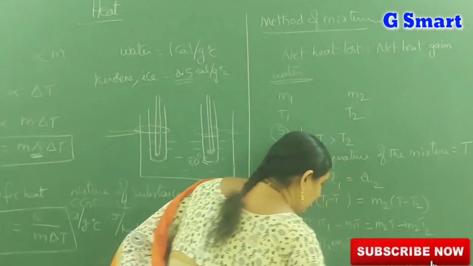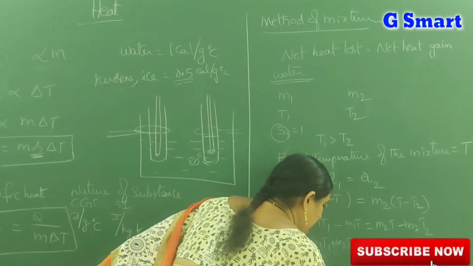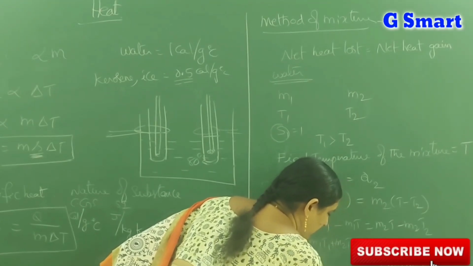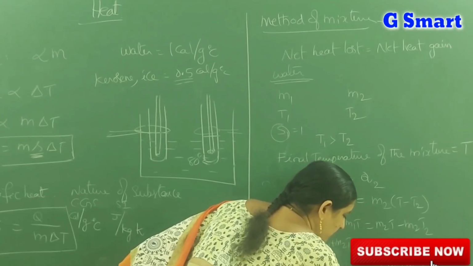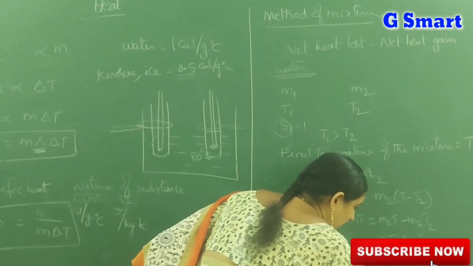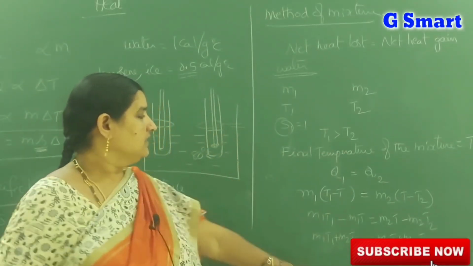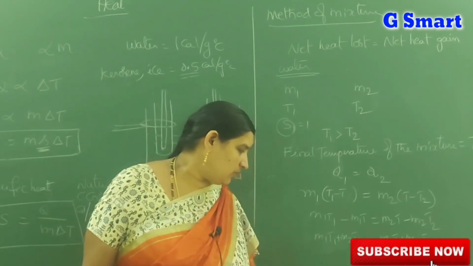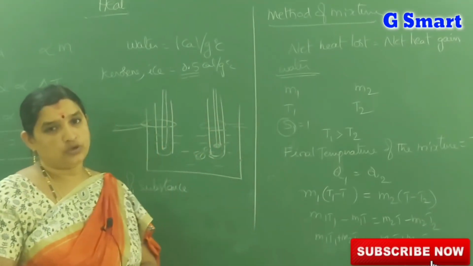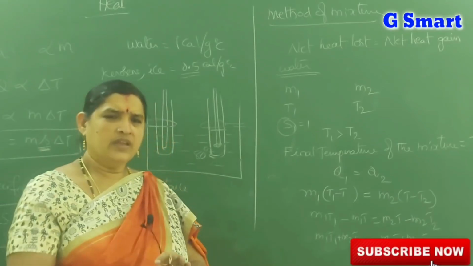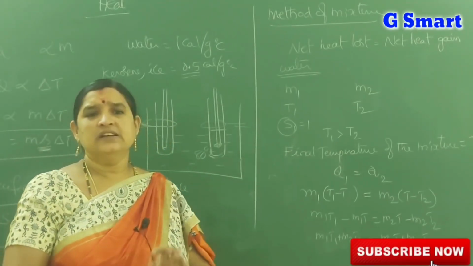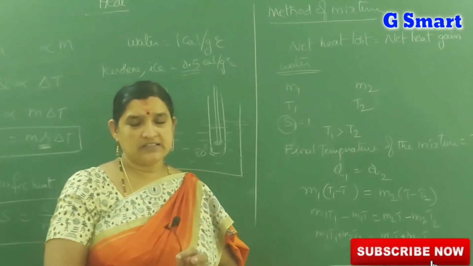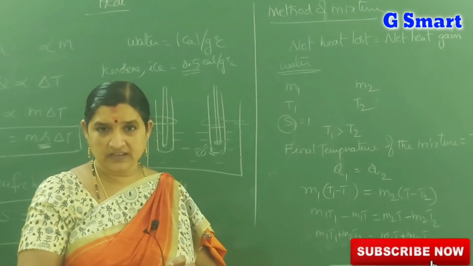We need T. Therefore T is equal to M1 T1 plus M2 T2 divided by M1 plus M2. This is the formula to measure the final temperature of a mixture. Here M1 is the mass of the first substance, T1 is the initial temperature of the first body, M2 is the mass of the second substance, and T2 is the temperature of the second substance.